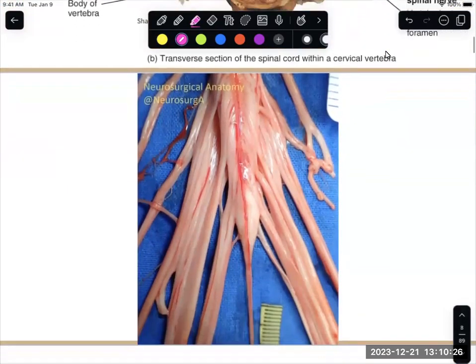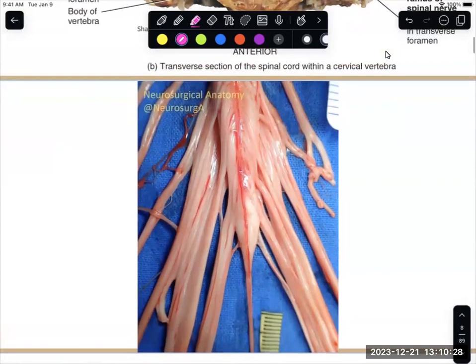I also mentioned the end of the spinal cord. This is one of my pictures that I found. This is a really good dissection of a spinal cord. So this is, I want a better color here. I want it to stand out.